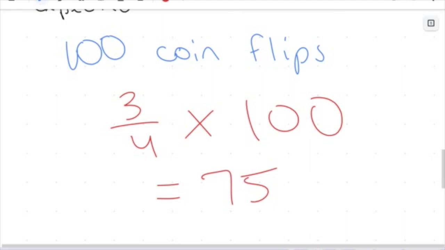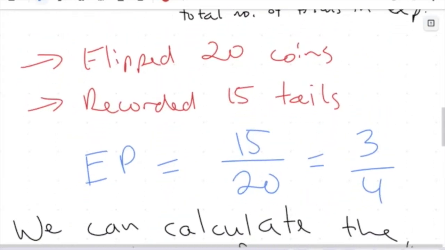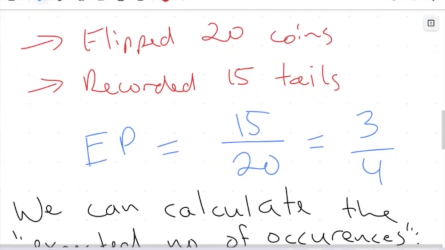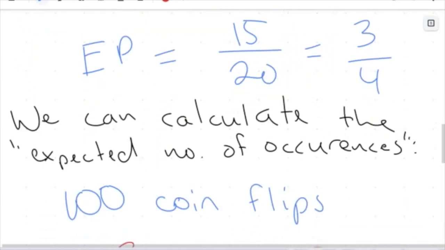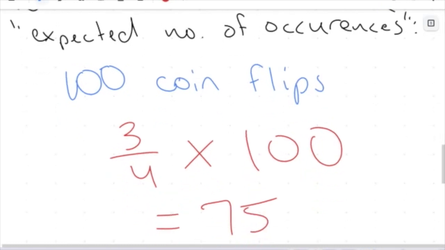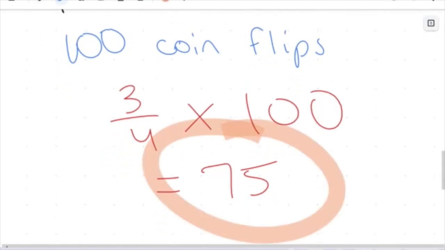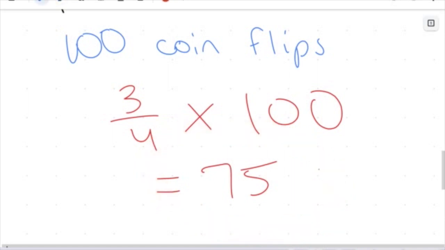So what I'm essentially saying here is that based on the experiment we've run, based on the data we've collected, that flipping 20 coins gives me 15 tails, if I were to scale this up and apply this to 100 coin flips, our data tells us, from what we've already experienced by flipping those 20 coins, that we will expect to get 75 tails.